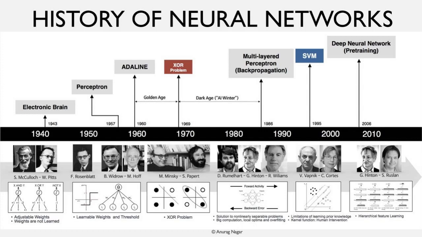And they stopped making any progress in the area of neural networks or machine learning from 1969 all the way up to 1986. So in fact, that age is called the dark age for AI, the AI winter.